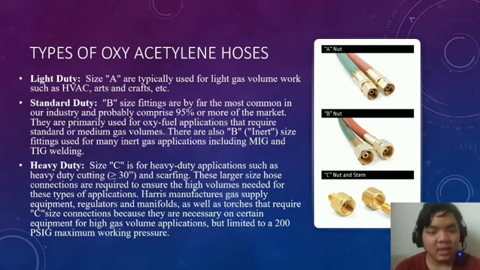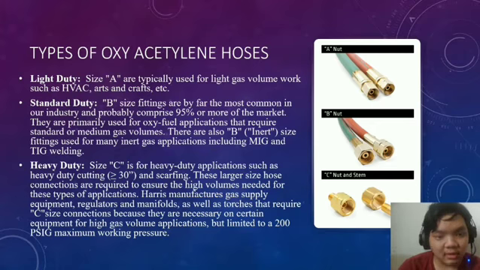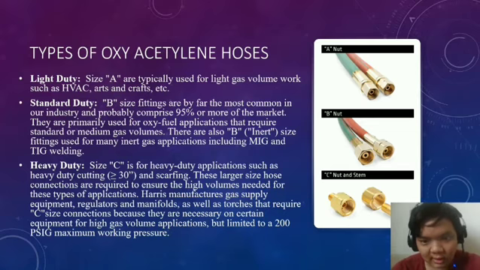The last one is the heavy duty, size C. Size C is for heavy duty applications such as heavy duty cutting below 30 and scarfing. These larger size hose connections are required to ensure the high volume needed for these types of application.